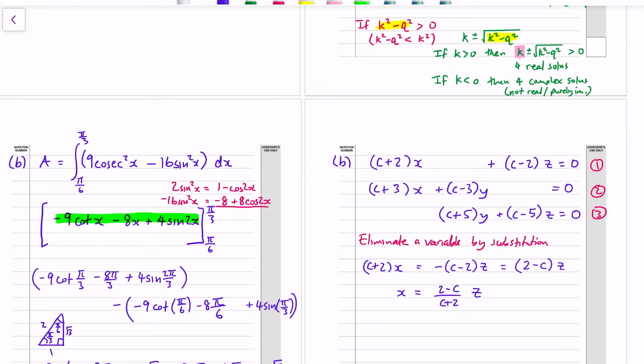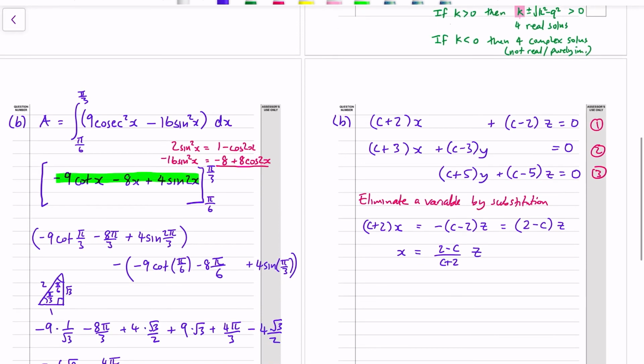Oh no, I can, because if I substitute this into number 2, then I'm going to get c plus 3 all times x plus c minus 3 times y equals 0.